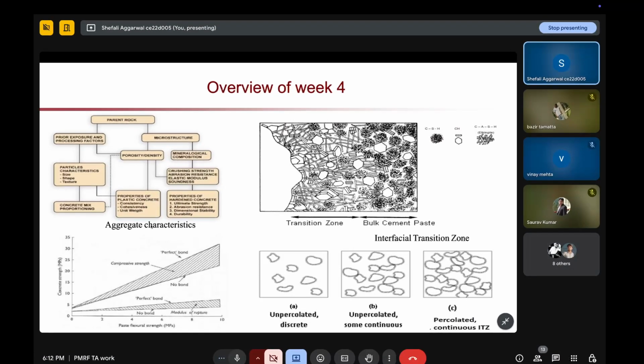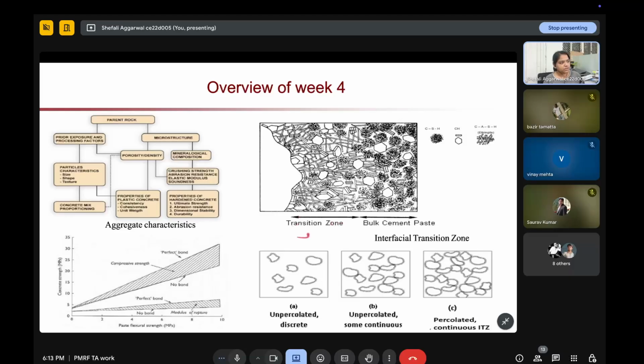Other thing is, when we have an aggregate in our concrete, there is an area between your aggregate and your hydrated paste, which is called the interfacial transition zone.